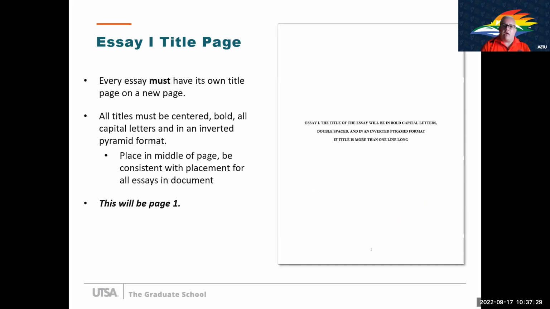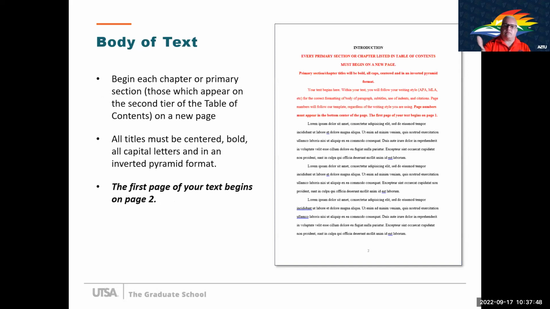So essay 1, we're going to go through this rather quickly. For essay 1, you're going to have essay 1 and the title of the document on its own page. So this would be page 1 of the body of your manuscript. And then past that, you go into the body of essay 1.